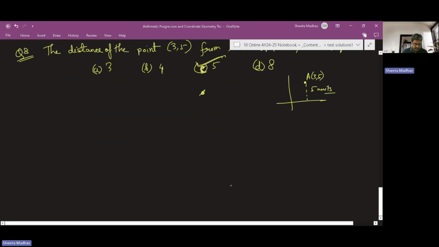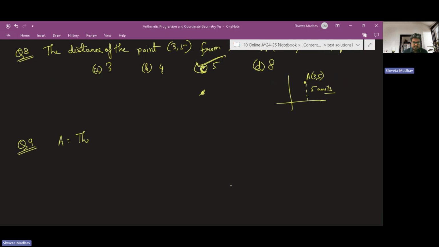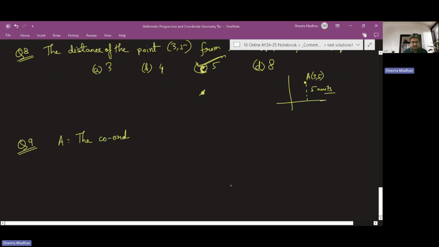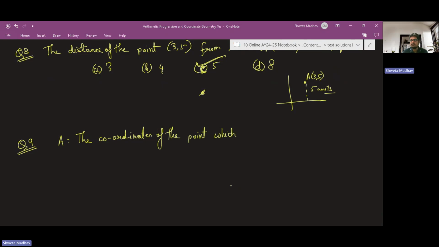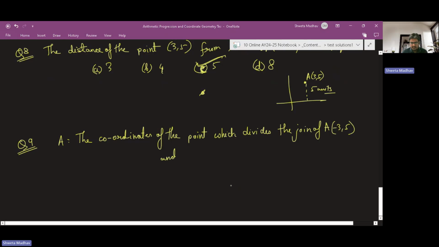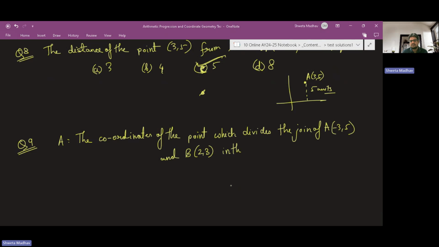Then questions number 9 and 10 are assertion and reason based. In question number 9, the assertion says that the coordinates of the point which divides the join of the points A (-3, 5) and B (2, 3) in the ratio 5 is to 2 are (4/7, 25/7).